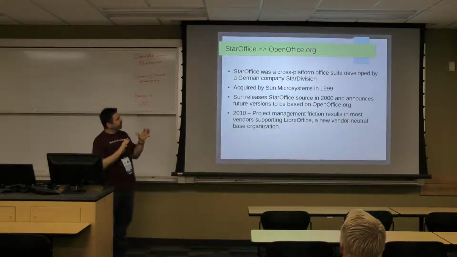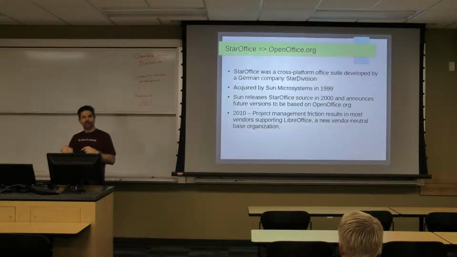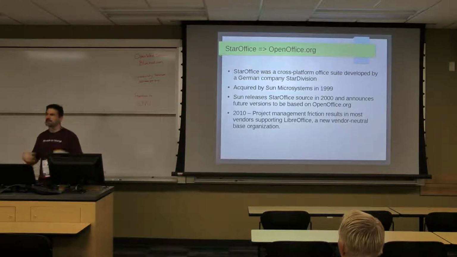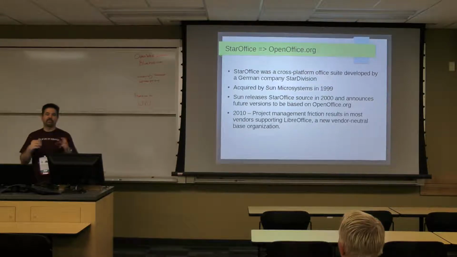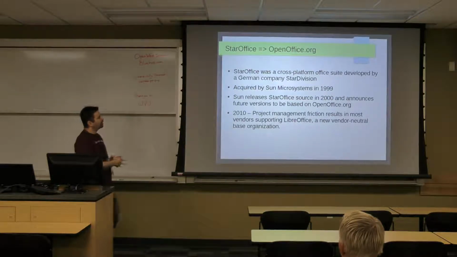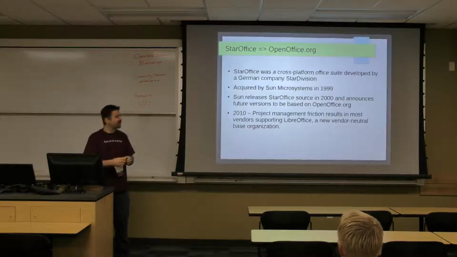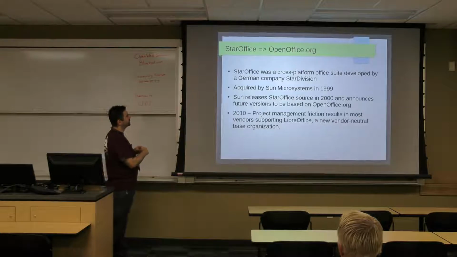But between 1999 and 2000, Sun came to the same realization that Netscape had a year previously: this needs to go out to the community. If we ever want a chance to compete with Microsoft Office, the community is where all the improvements will be made, at a pace that will benefit the software.